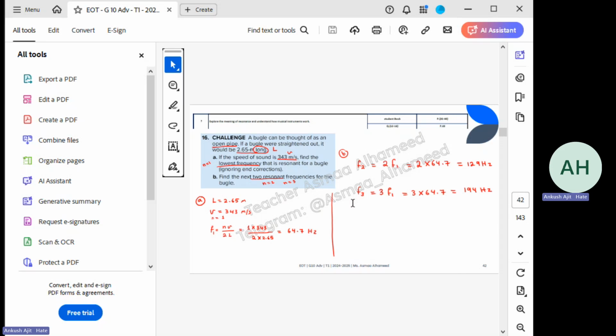If the Google was straightened out, it would be 2.65 meters long. So your length is 2.65 meters. V is given. Then F equals nV upon 2L. This is the first formula. For F2, multiply this, 2 into F1. And for the third, it will be 3 into F1.